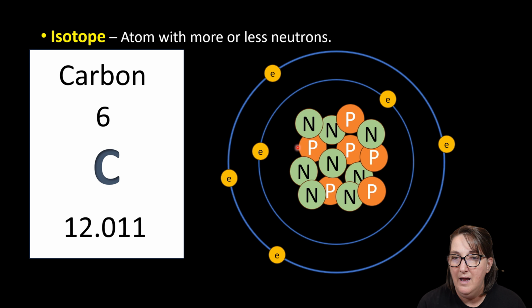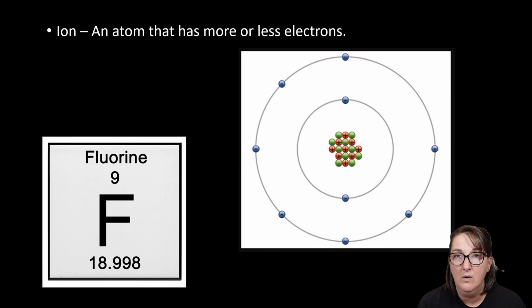An ion is going to be an element that has more or fewer electrons than what's on the periodic table. The periodic table is your average, neutral atoms. So let's look at this one. I have atomic number of 9. That means I have 9 protons. It means I also have 9 electrons. If I gain an electron, now I have one more electron than normal.